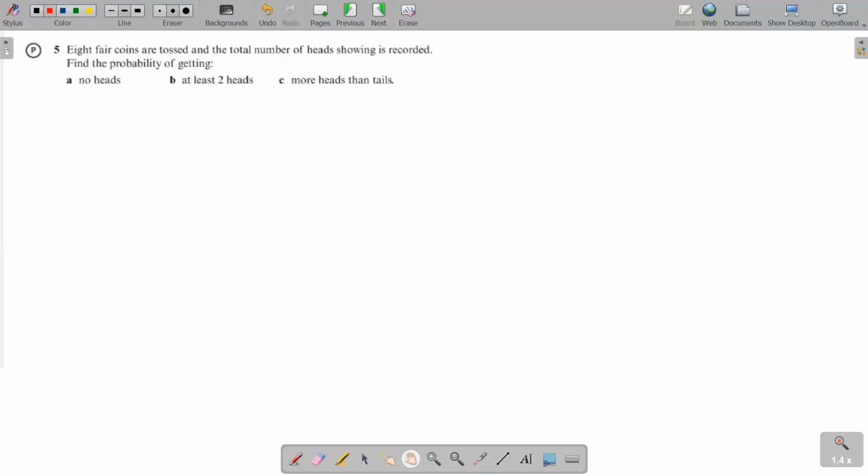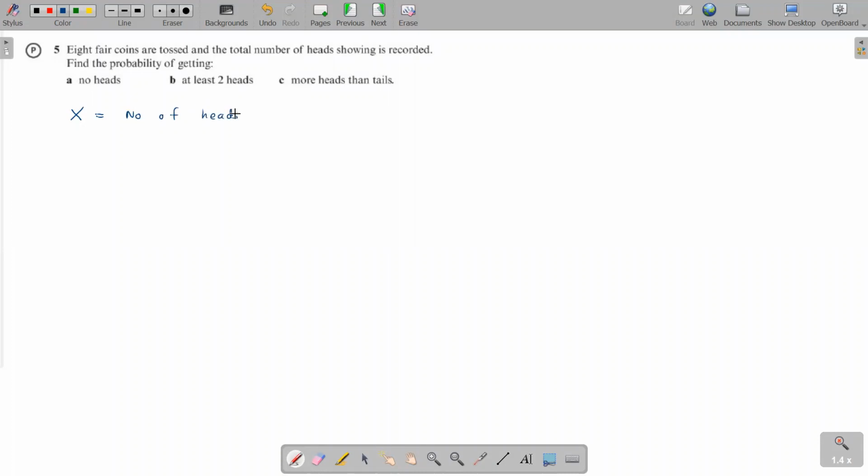Okay, so next I'll move on to question number 5. They say 8 fair coins are tossed and the total number of heads showing is recorded. Find the probability of getting no heads. Okay, so guys, we first need to model this question, right? How do you model? First, let's describe: capital X is the number of heads.